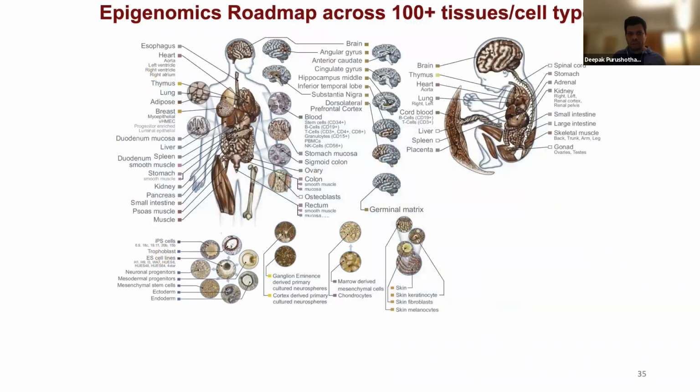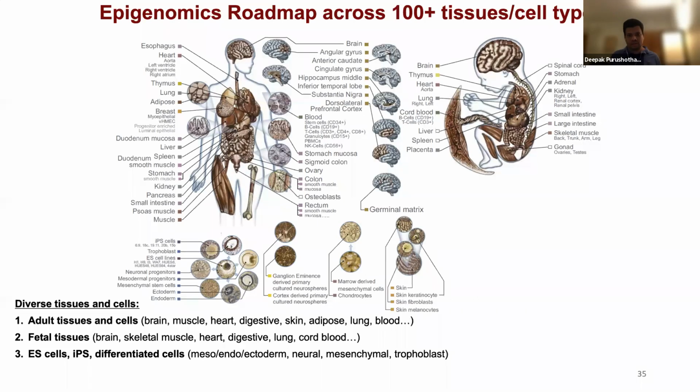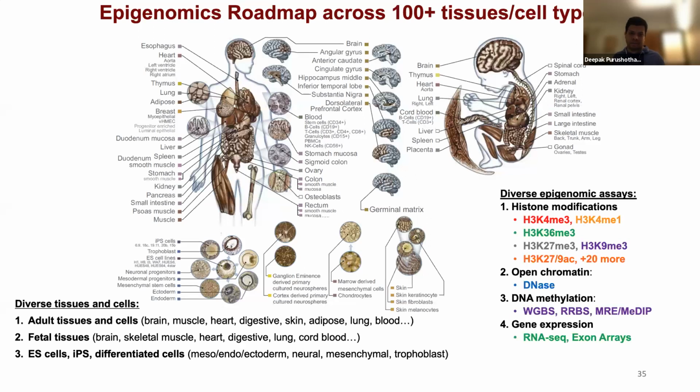It started out, in the first 6 years, around 100 complete epigenomes were sequenced, and there were a ton of partially completed epigenomes spanning diverse sets of tissues and diverse sets of epigenomic assays. So what you end up with is a huge compendium of these results across cell types.